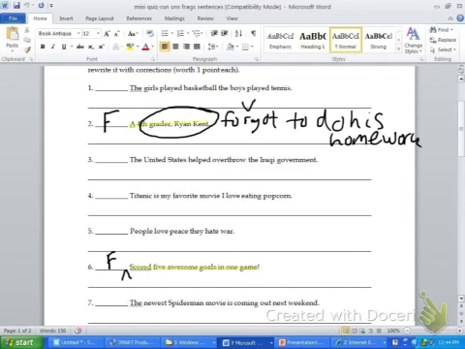So we would need to add Jonathan scored 5 awesome goals in one game to make it a complete sentence. Okay? So take a minute and go through your draft and see if you have any fragments that you can fix. So pause this video and see if you can fix any fragments.